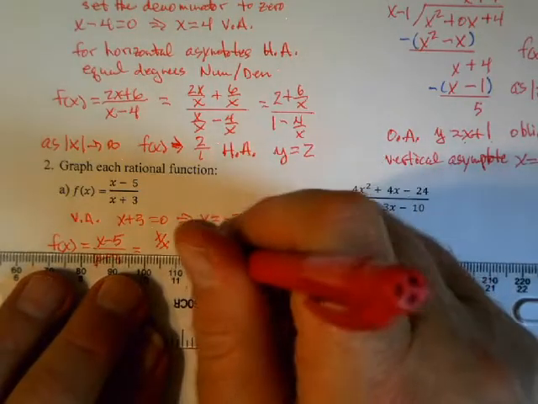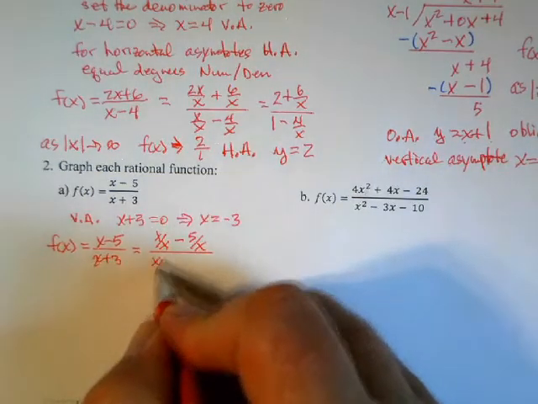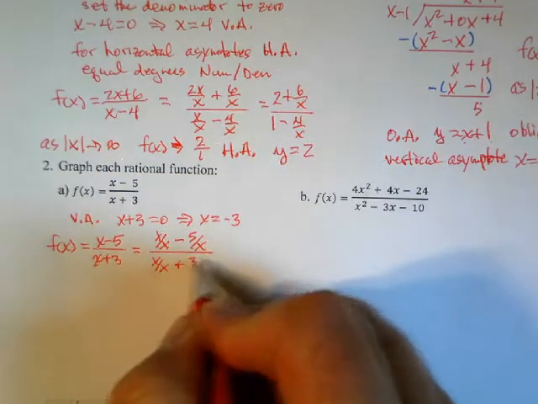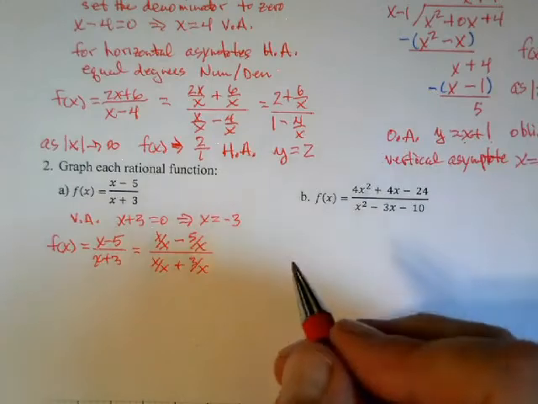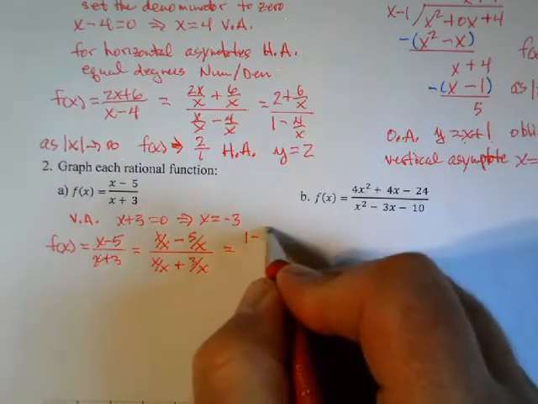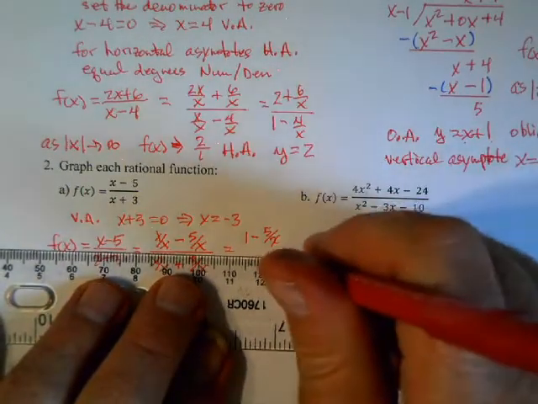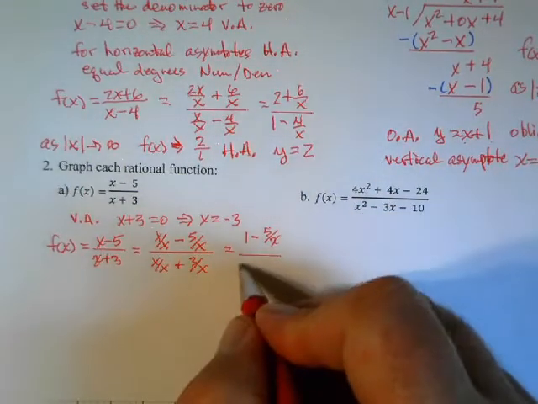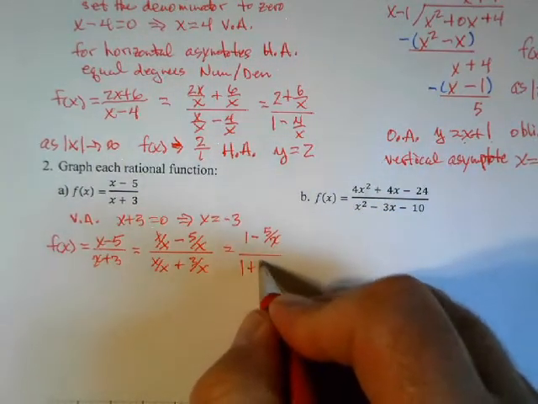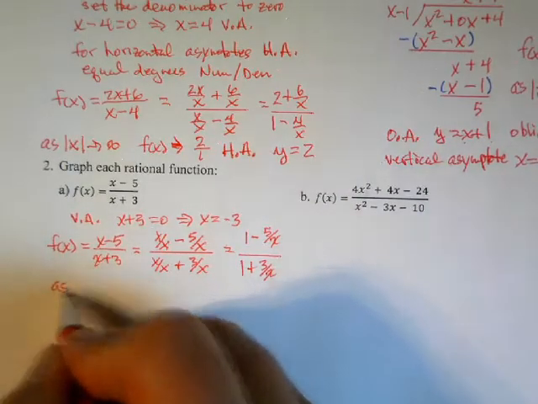And in the denominator, x over x plus 3 over x, which will lead to 1 subtract 5 over x over 1 plus 3 over x, as absolute value of x goes towards infinity.